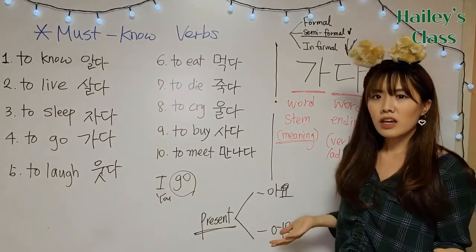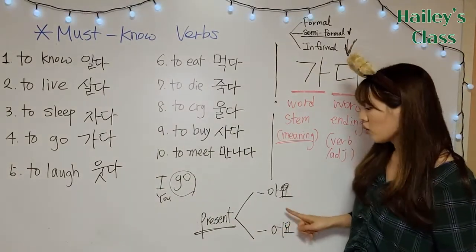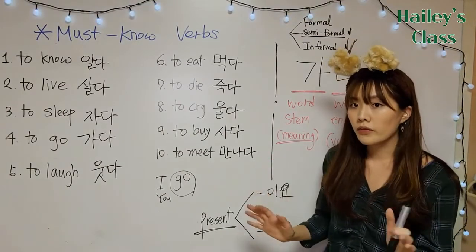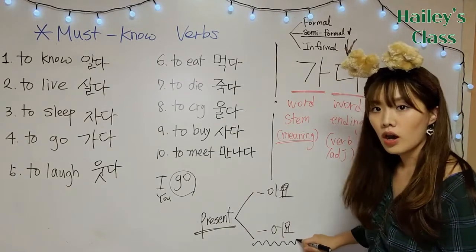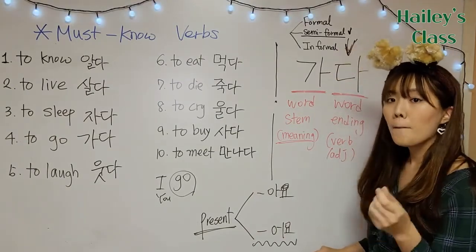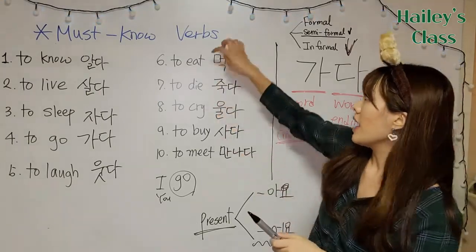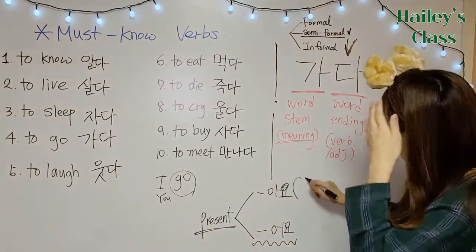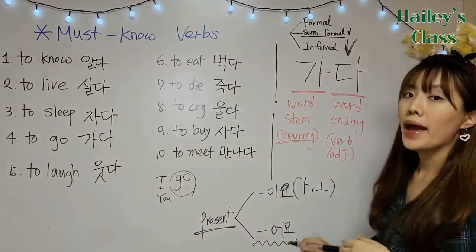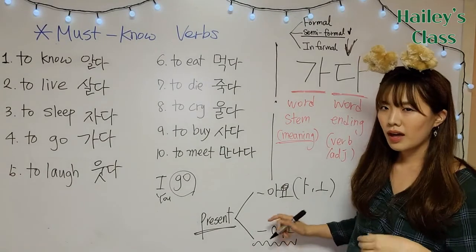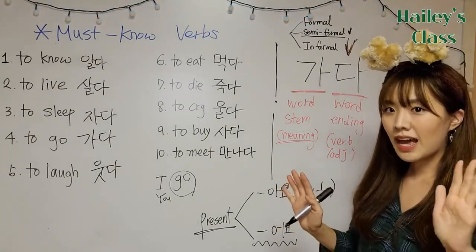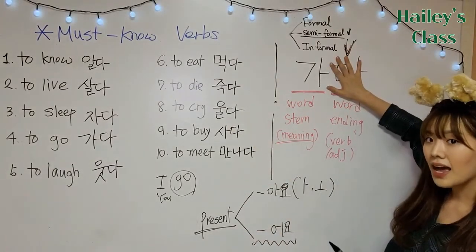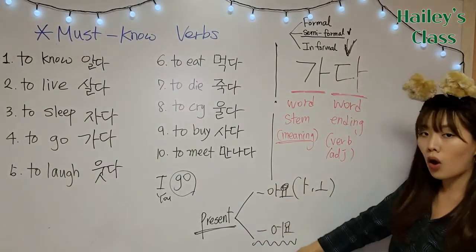And how can I pick 아요 or 어요? I don't know, right? Most of the time we choose 어요, but when the stem ends with 아 or 오, we put 아요. You can do this. Let's do that again. We delete 다, and we put 아요 or 어요.